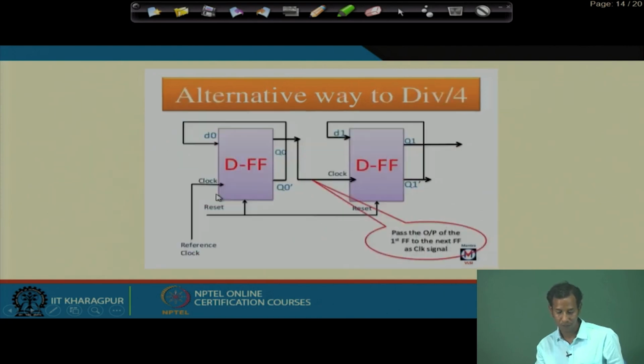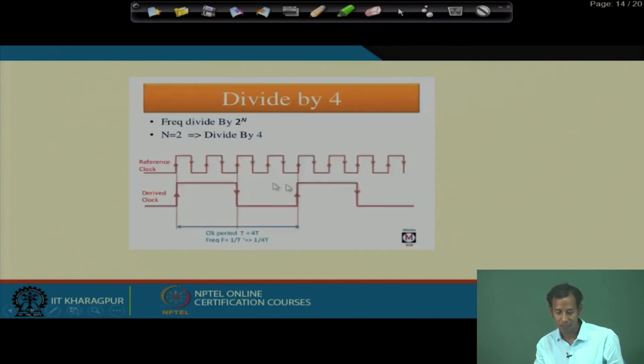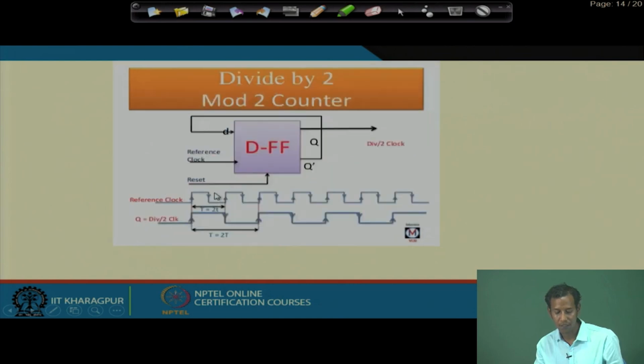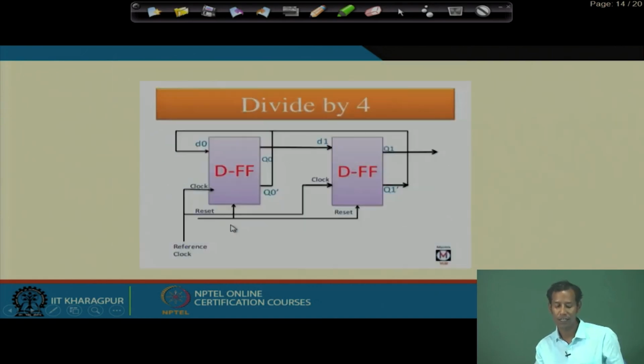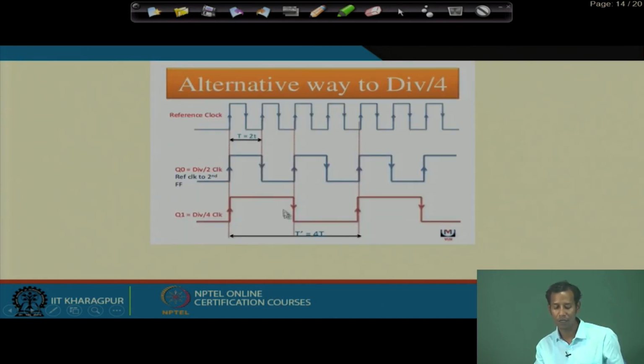Now, this corresponding Q output is the divide by 2 clock. If I pass it to the next stage T flip flop as the clock, then the output will be nothing but the divide by 4 clock.